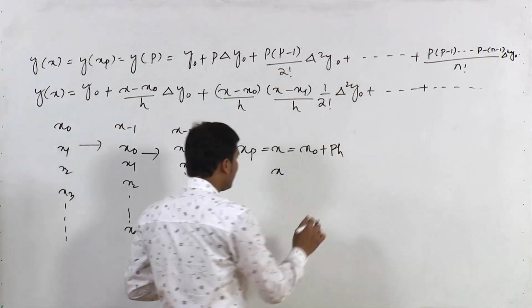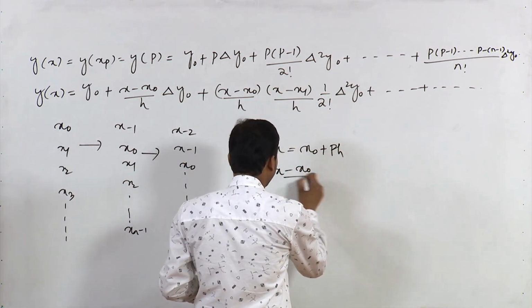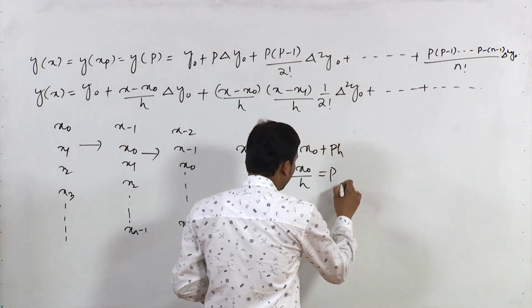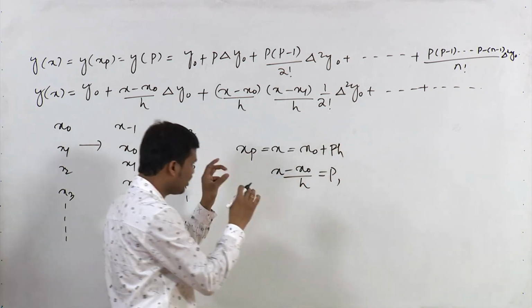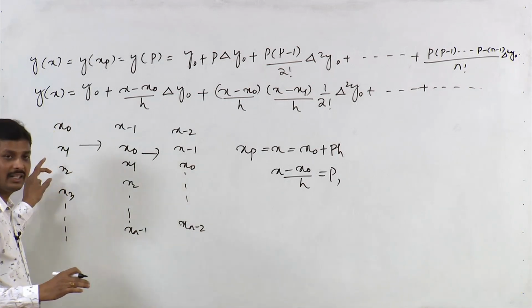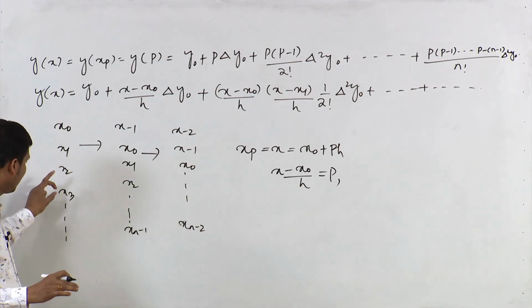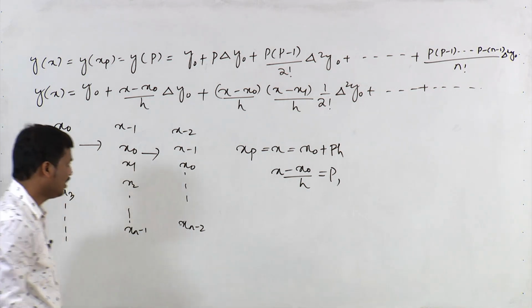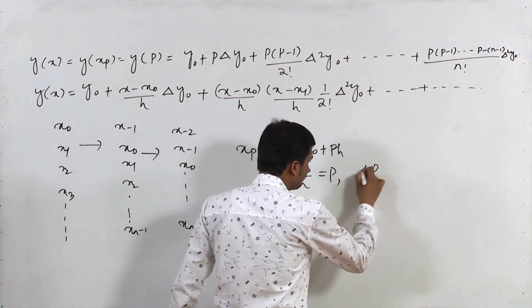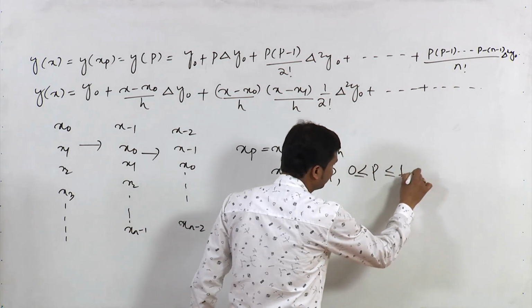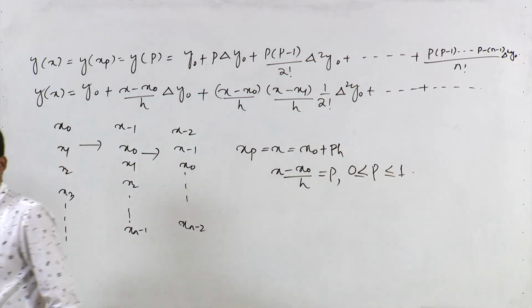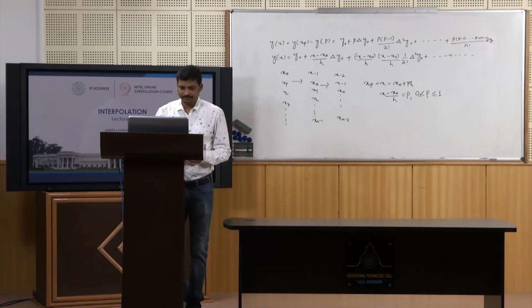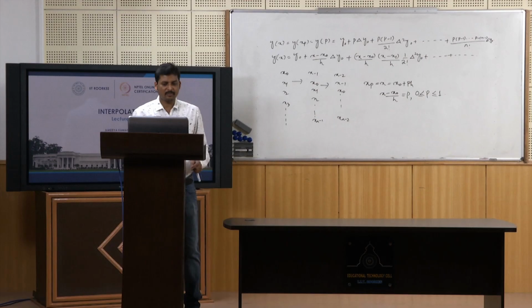So, that is why you can consider x minus x0 by h as p there, and if we are considering this x0 as the immediate previous point to the next point where we want to evaluate these values of p, then we can say that p should lie between 0 and 1 there, and Newton's forward difference formula can be applicable. And sometimes for the extrapolation before the first tabular point, p will give negative values.